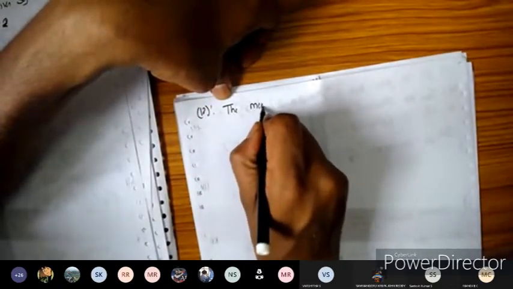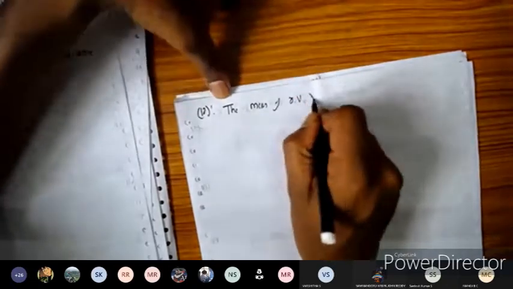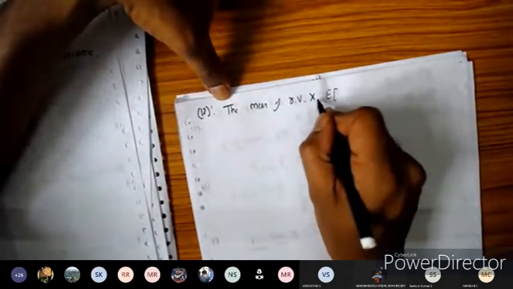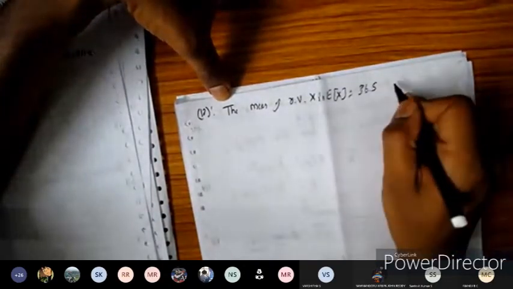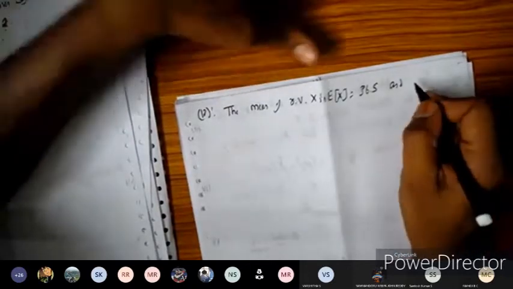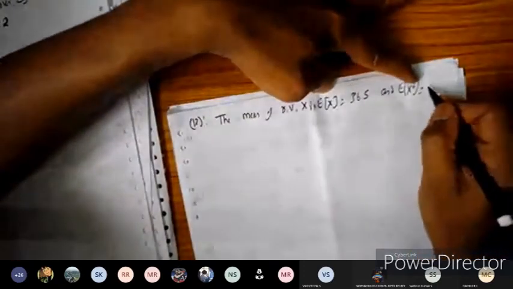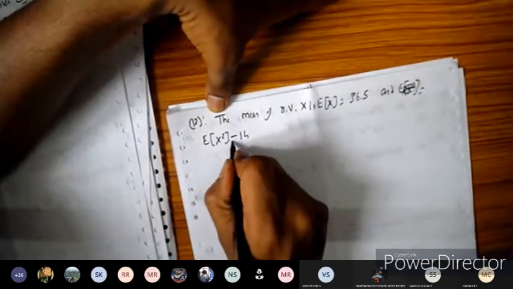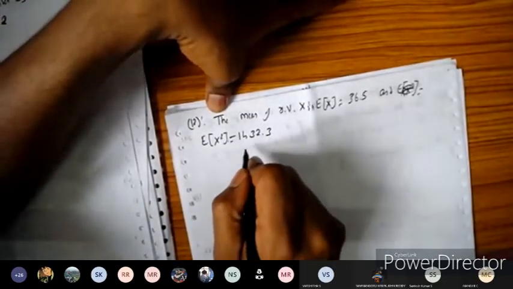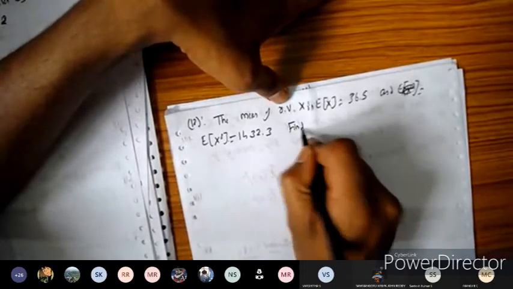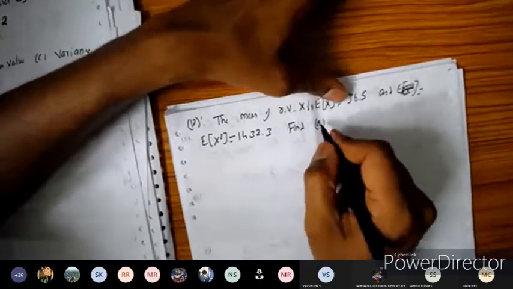The expected value of x is equal to 36.5 and expected value of x square is equal to 1432.3. Okay, so find, first one is standard deviation.